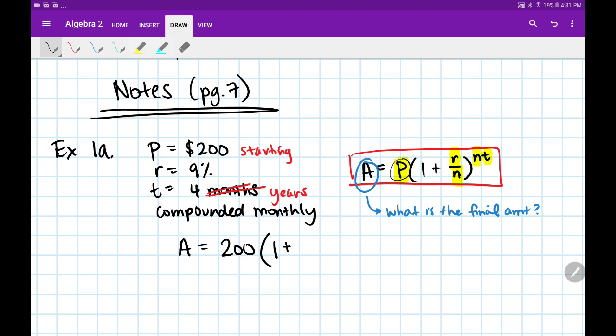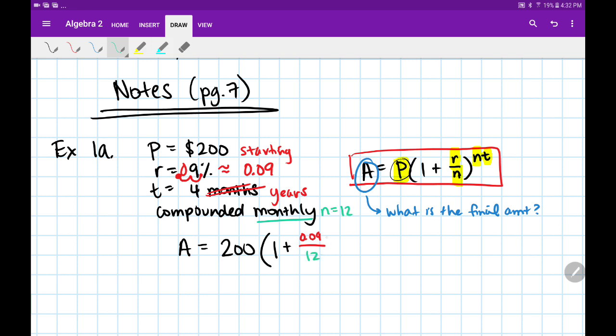Now I have to plug in my rate. So if it says 9%, we have to convert that to decimal form. That's really 0.09 divided by N. N means the number of times per year. So we need to figure out how many times it's being compounded every year. Well, since it's being compounded monthly, that means N equals 12.